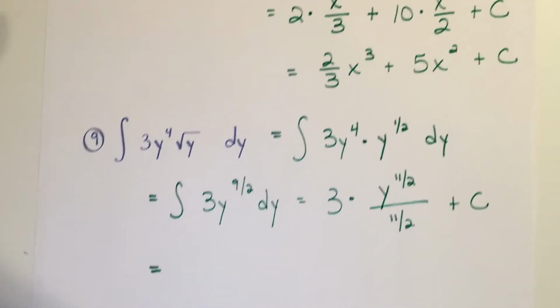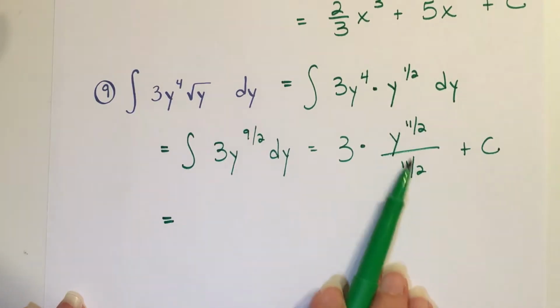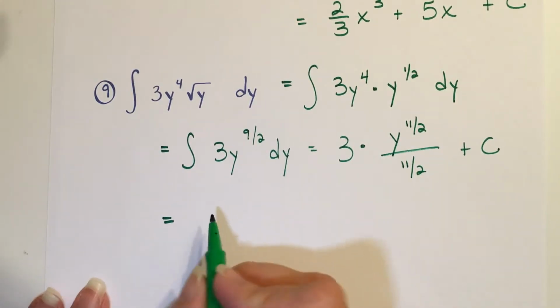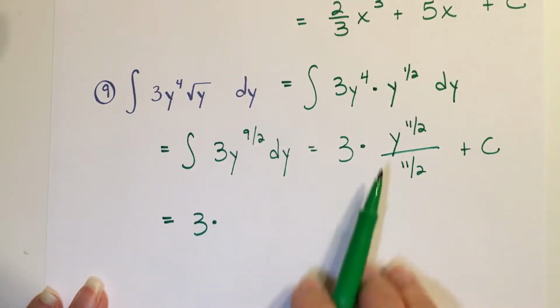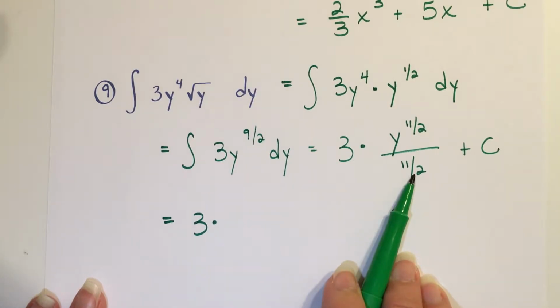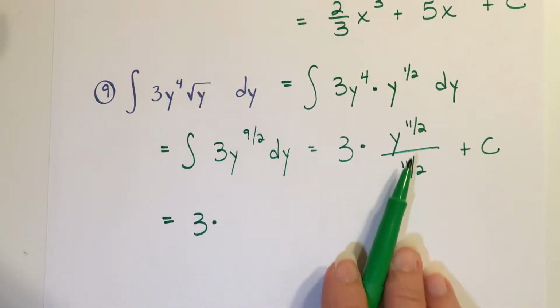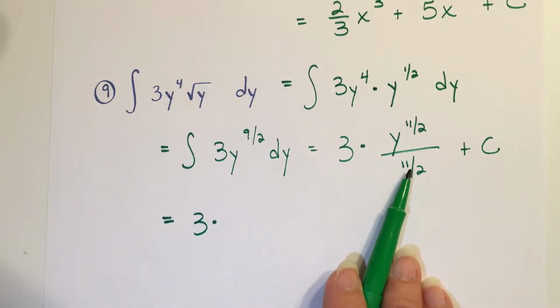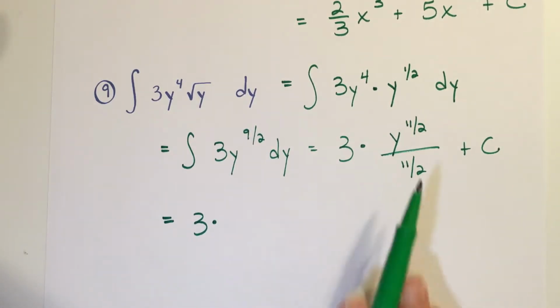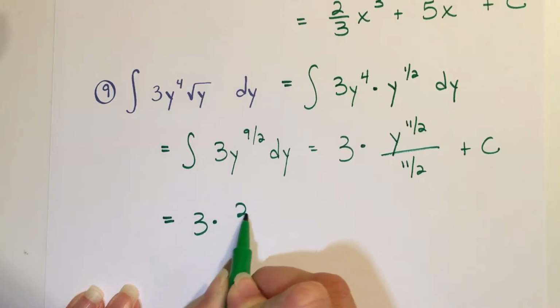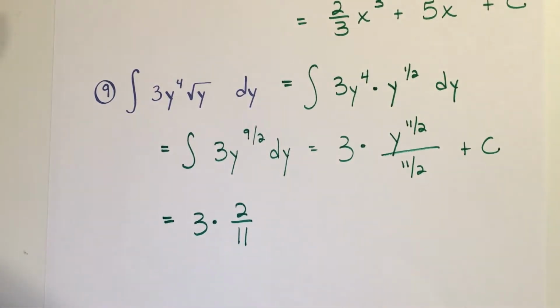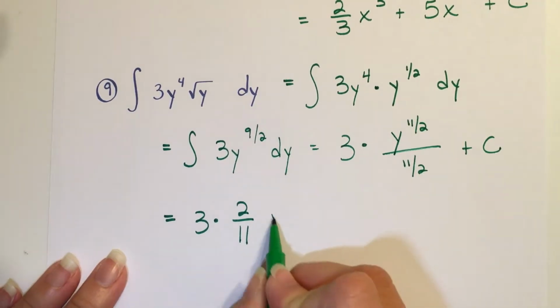Okay, now I'm dividing by a fraction here. If you divide by a fraction, of course you learned in elementary school that that's the same thing as multiplying by the reciprocal. So if I have this divided by this, I change it to multiplication and I flip this. So that means I'm actually going to end up multiplying by 2/11.